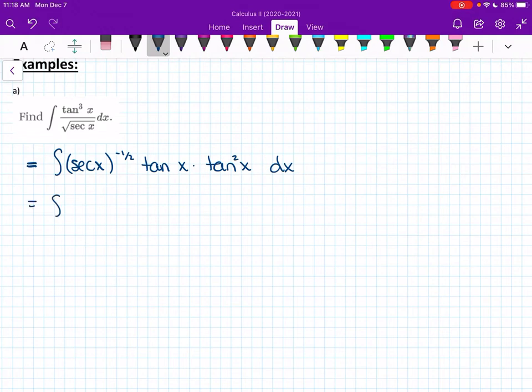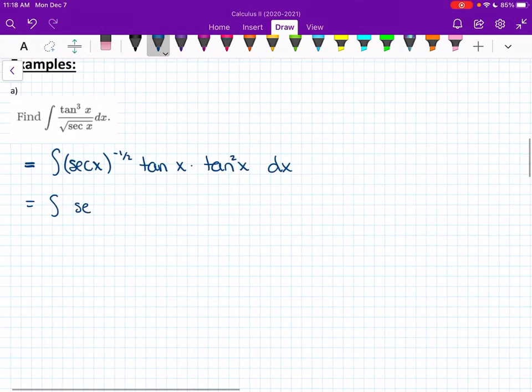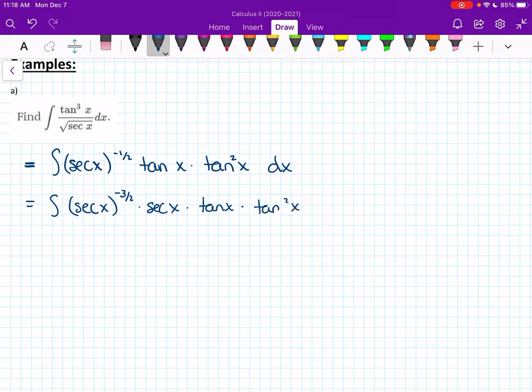So I'm going to rewrite that as secant to the negative 3/2 times secant of x times tangent of x times tangent squared of x. The reason is because I want a secant tangent factor. So now I have secant of x to the negative 3/2 times tangent squared times a secant tangent factor.